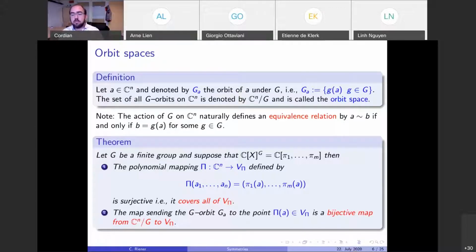This in fact gives us a bijection between the orbit space and this variety V_π. So we can think of C^n modulo the group action, the set of all orbits, as identified with points in this variety. And in fact, all of the points in this variety are of this form. That's what this theorem tells us.